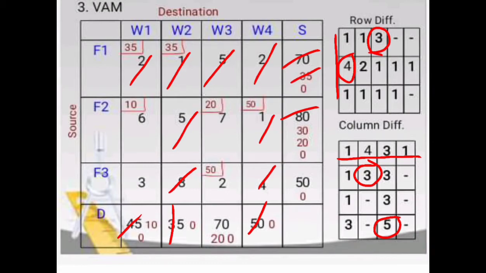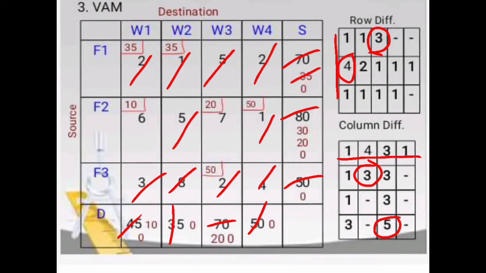From the supply we have 50, and from the demand we have 70. Because 50 is the lesser value, we allocate 50 here and then cancel out 70 minus 50. The remaining is 20. And because the supply in the third row has been satisfied, it is cancelled out.